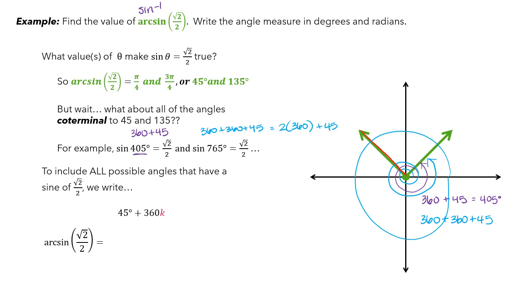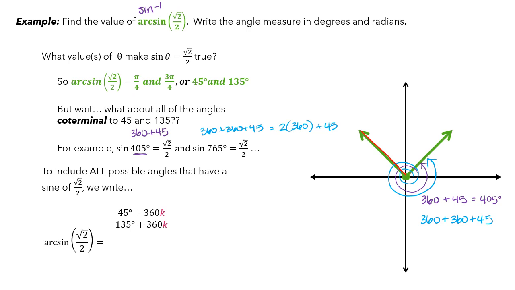So those would represent all of my coterminal angles to 45 degrees. We also want to say the same thing for 135 degrees: 135 plus 360 times k. That represents all of the coterminal angles that have the same terminal as 135.